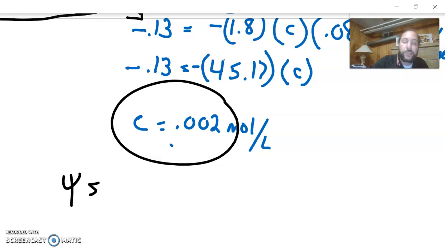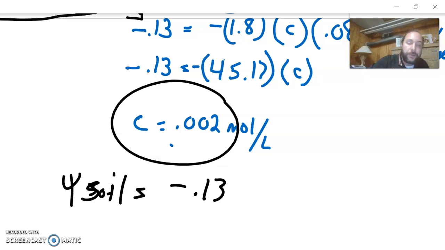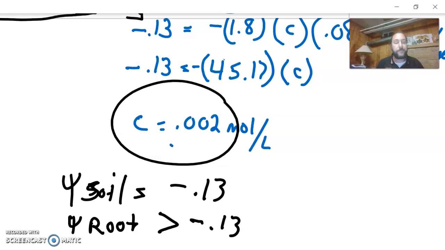So what I should say is the potential of the soil was negative 0.13, and the potential of the root must have been, because water left it, greater than negative 0.13, right?